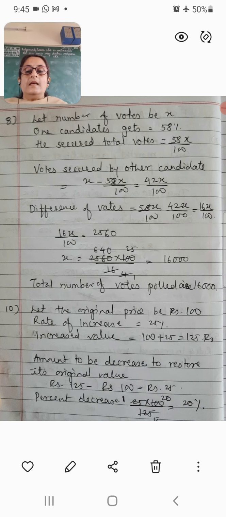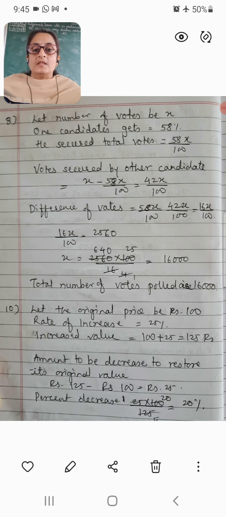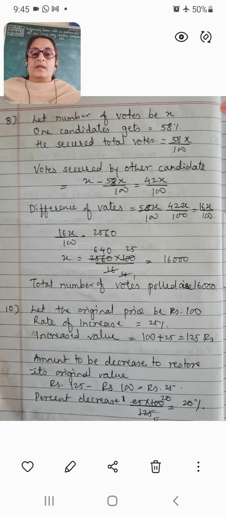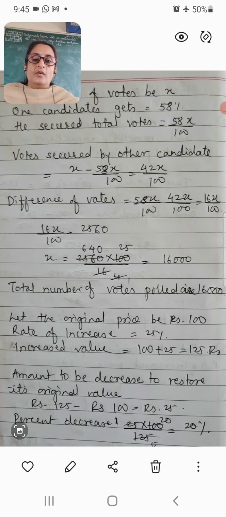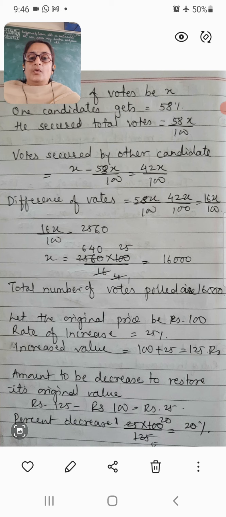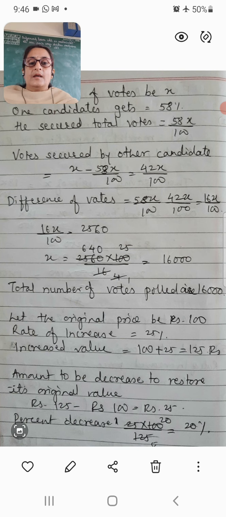Okay. See what all is given. We don't know the total number of votes polled, so the total number of votes we will consider as x. In that, one candidate has got 58%, that is given. Total is x, out of that he has got 58%, so 58 upon 100 into x, that is what he has got.